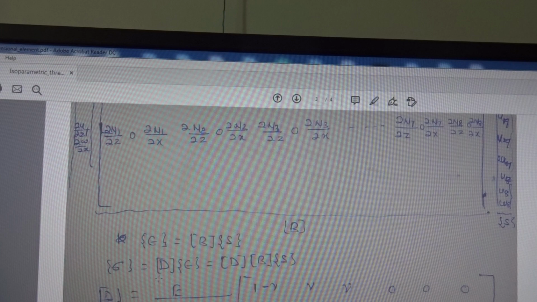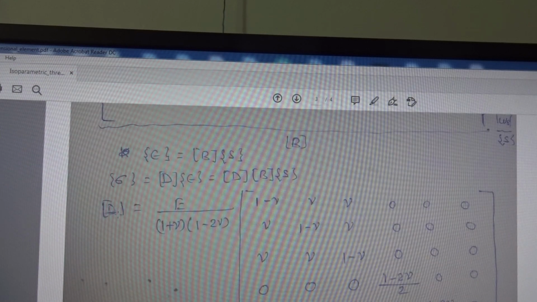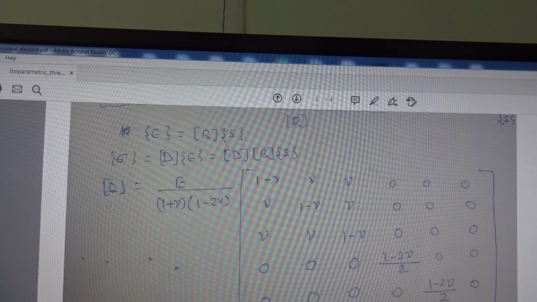Sigma, the stress, is equal to D multiplied by epsilon. You know how to find the stress. And for the D matrix of the solid element, you can check the values from the books.